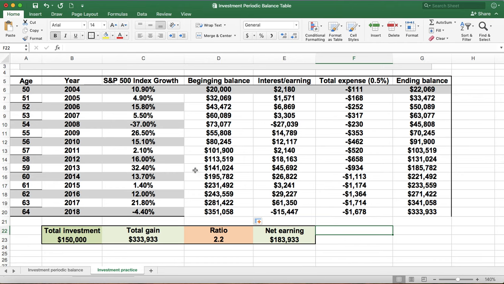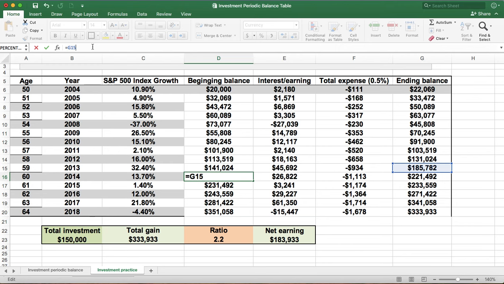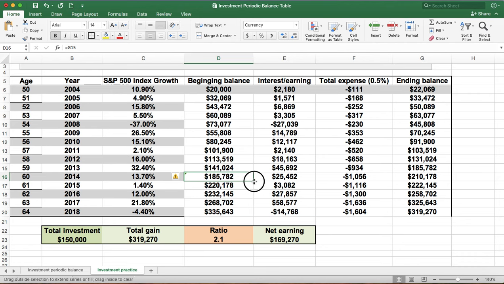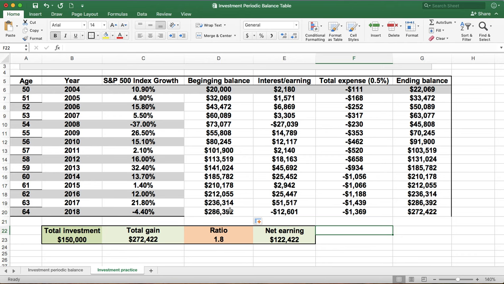Suppose at the age of 59, Mr. Wright bought a cabin by the lake, and he stopped annual investment. So from this year, this is 0, no more. And then double click and the rest changes. So you get this ending balance.